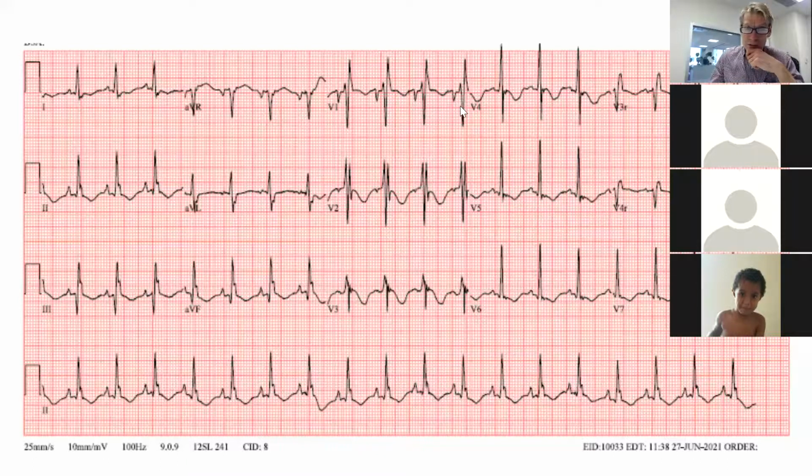And this child was in a motor vehicle accident, and he had trauma to his chest, and he got a severe bruising of his heart, and especially of his right ventricle.